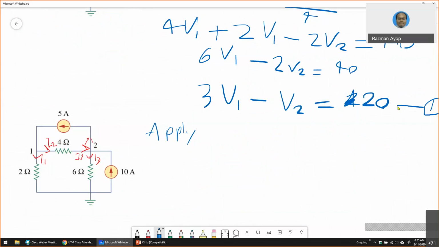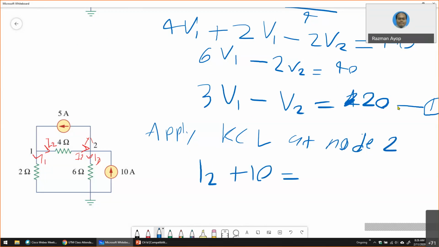Now you apply KCL at node 2. So what is current goes into? There are 2 currents goes into the node 2, and 2 currents goes outside node 2. So I2 plus 10 equals to 5 plus I3.